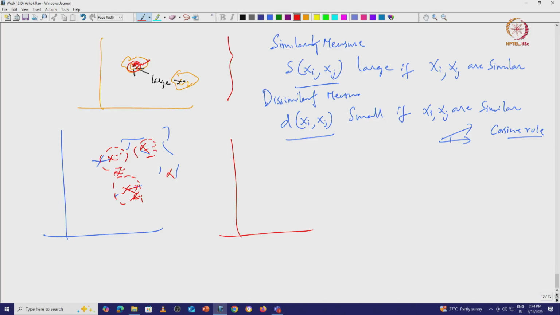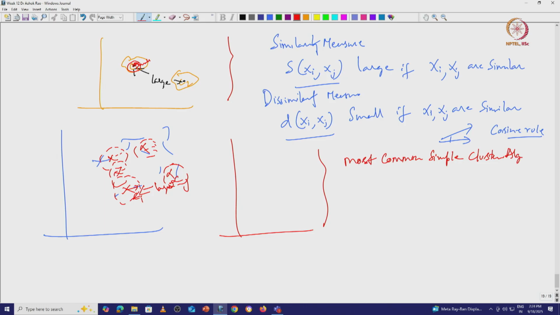And if there is one more point, this will merge, such that the distance between centroid Ci and Cj is very large. So, this is the most common simple clustering algorithm.